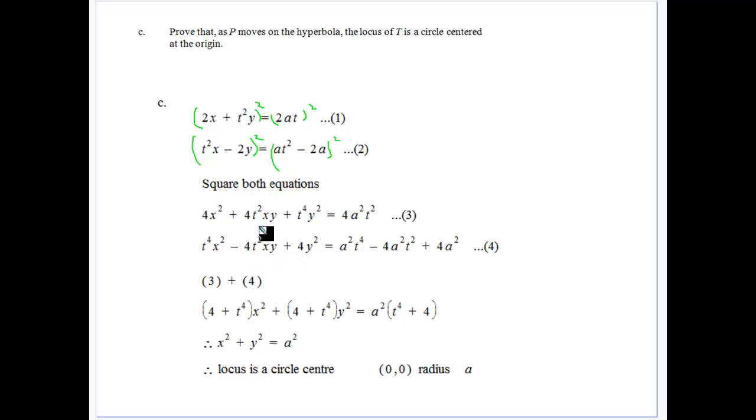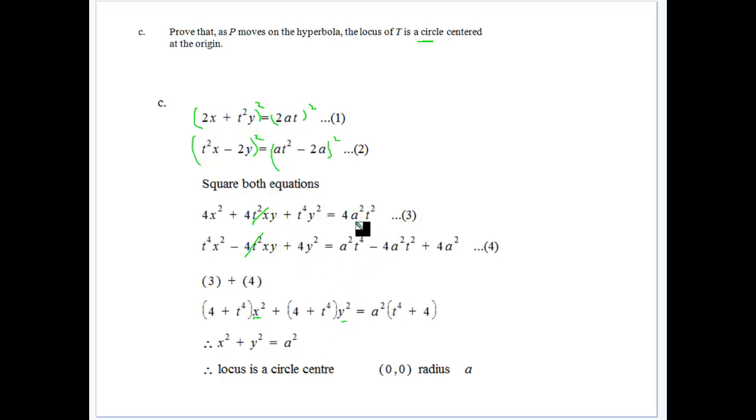So when we add the two of them together, these ones will cancel, but what you start to see is you've got something in x squared and y squared, and we would want to prove that it's a circle. So that makes life a little bit easier because we're getting something in terms of x squared and y squared. Hopefully we can manipulate so t's gone, because that t should be gone. So we get 4 plus t to the power of 4, and 4 plus t to the power of 4, which is nice.